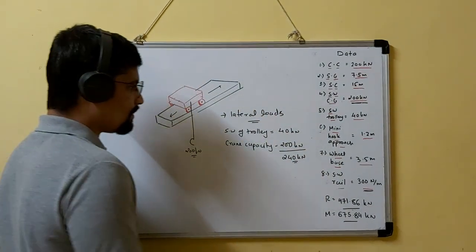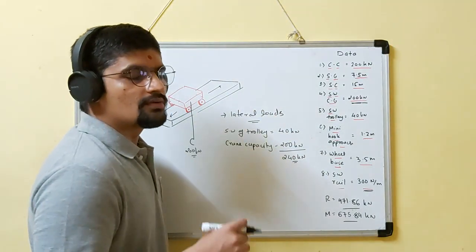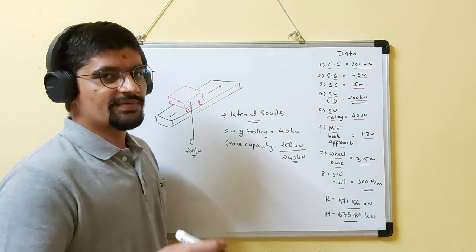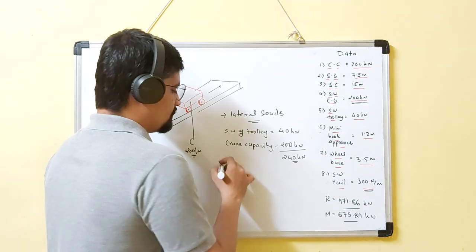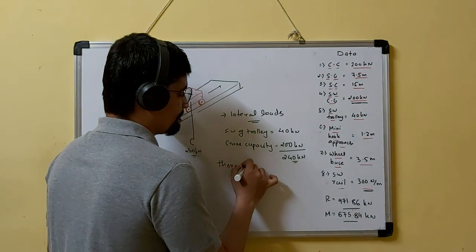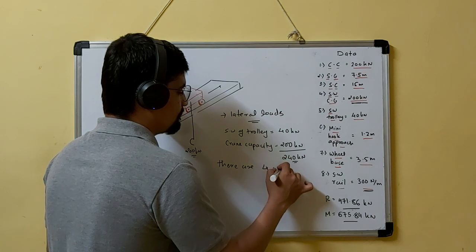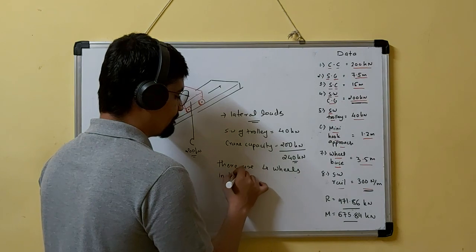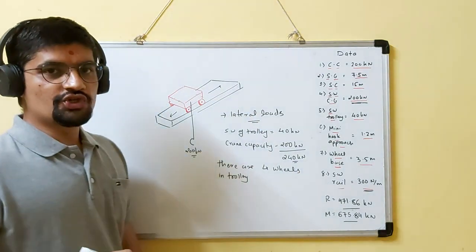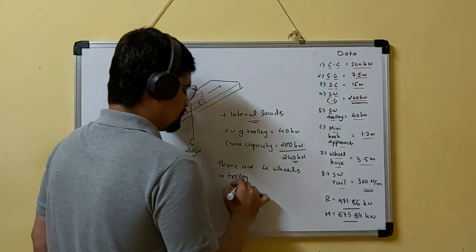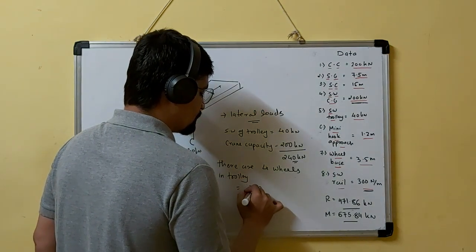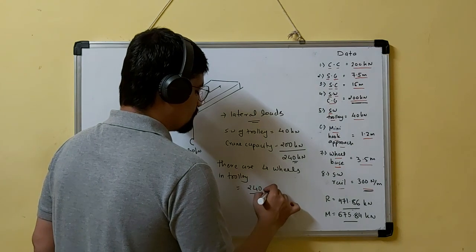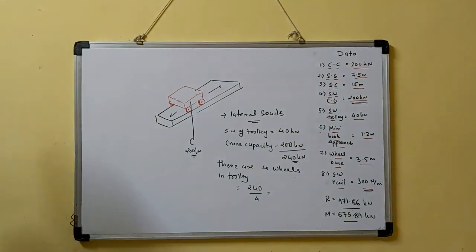Now this load is transferred to the wheels, and through the wheels it is transferred to the crane girder. There are 4 wheels in the trolley, so the load will be distributed on 4 wheels, which is 240 divided by 4. Can you calculate how much load is being distributed?